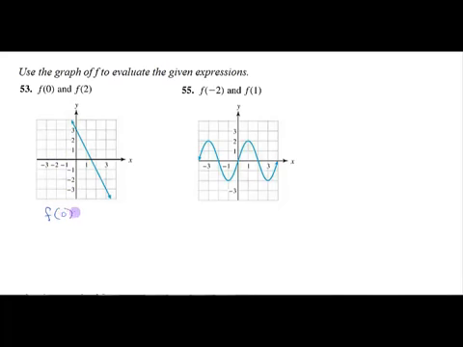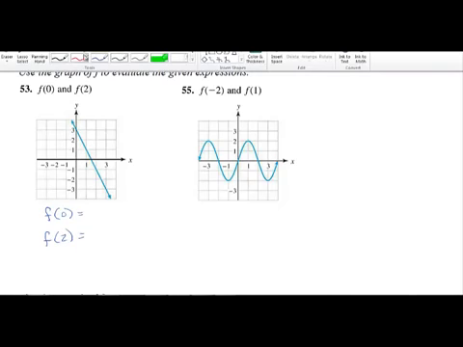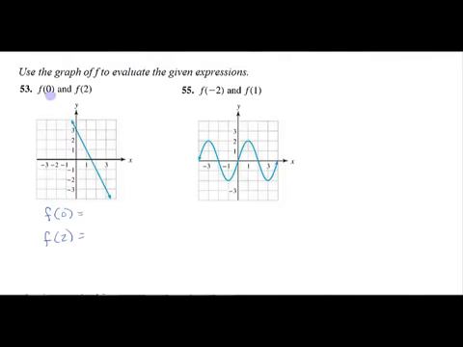If I have f of 0 or f of 2, what are they talking about here? Well, f of 0 means they've replaced x with 0. So this is the point on that graph where x equals 0. So that's the point (0, 3), isn't it? So if we have the point (0, 3), then f of 0 equals 3.